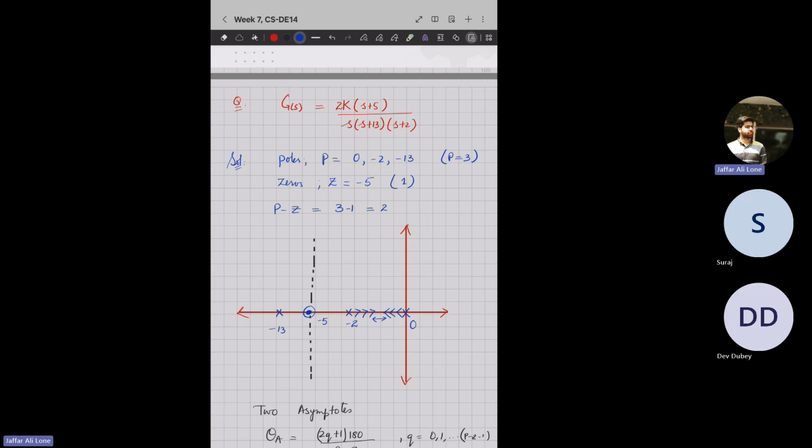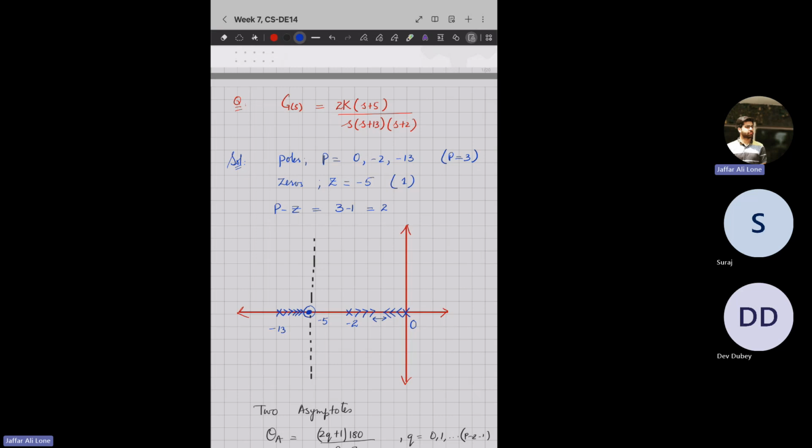I had not plotted that on the real axis, so we have to plot that as well. So this is my zero. My open loop poles will converge to open loop zeros. I have 3 open loop poles, among which 2 will go to infinity and 1 will converge at minus 5. We can see this pole clearly converges at minus 5 here.